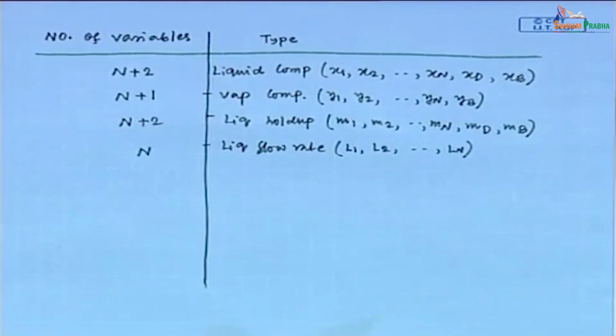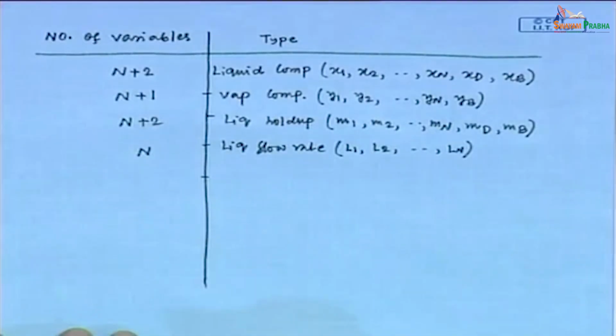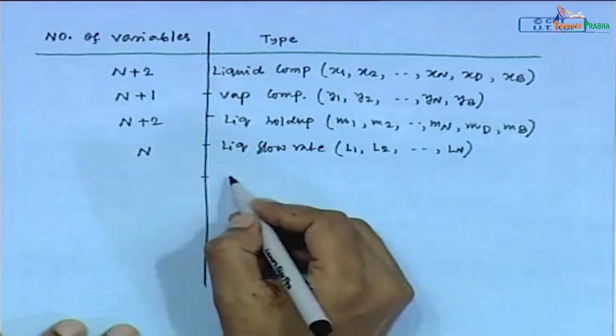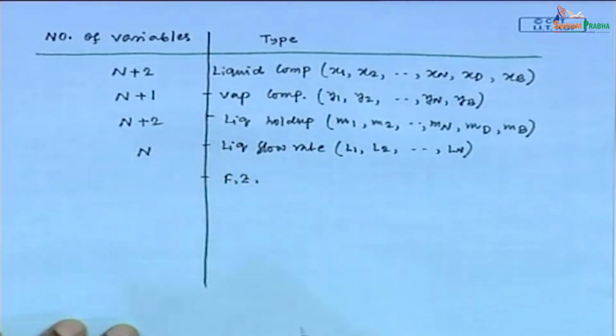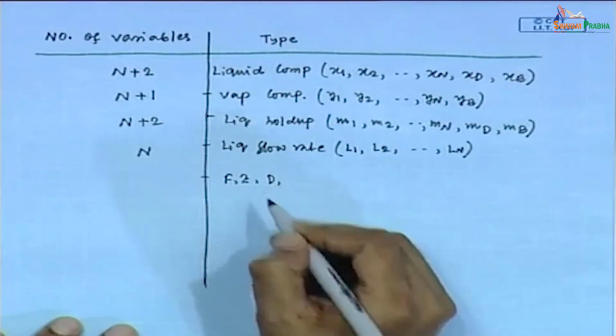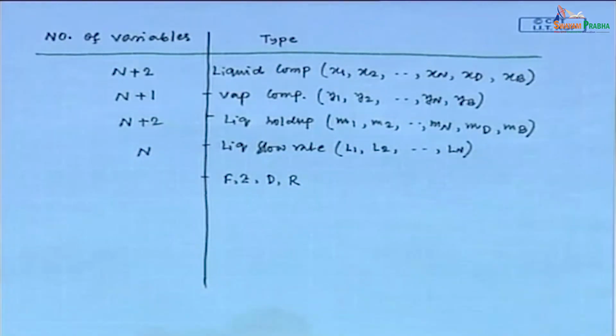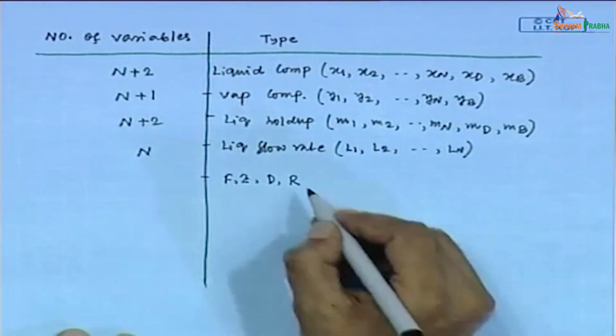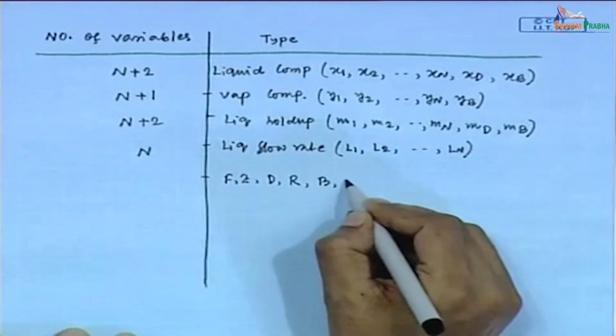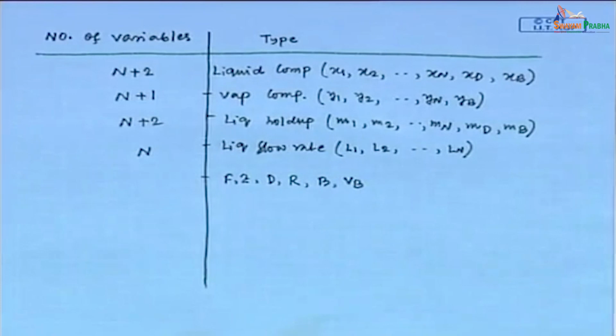Fine. Now, apart from these variables, what are the other variables involved in the distillation modeling? First, you will consider the feed. What are the variables used for feed? F and Z. What about the top section? In the top section, we have another two variables. One is D, another one is reflux flow rate. Fine. And what about the bottom section? One is bottom flow rate, another one is boil off.